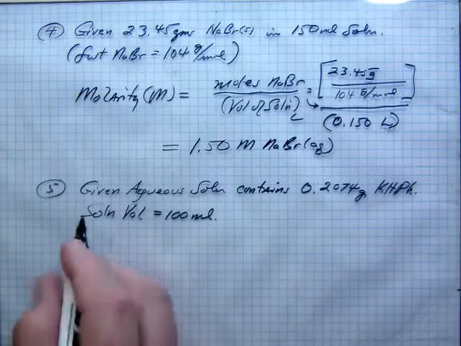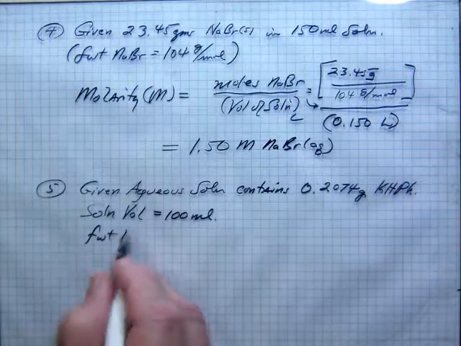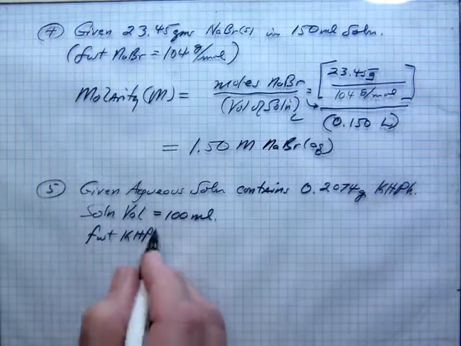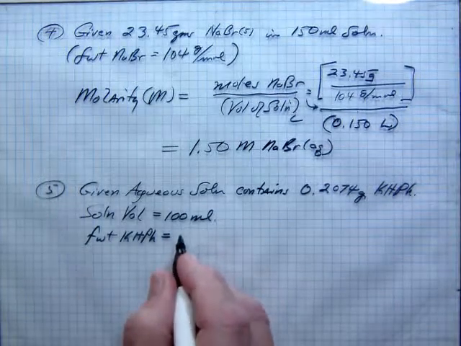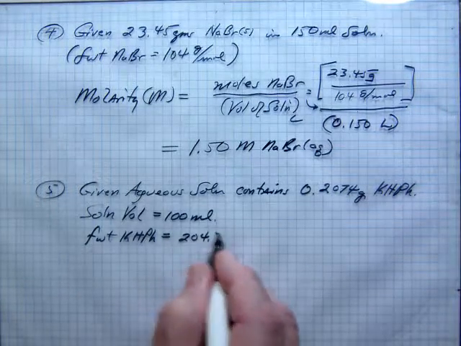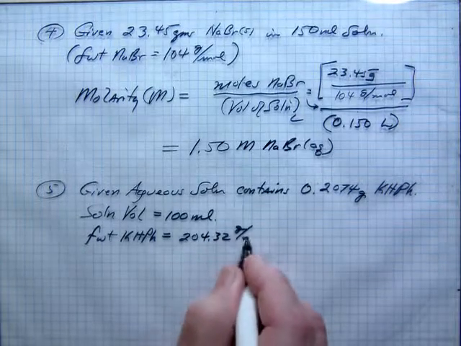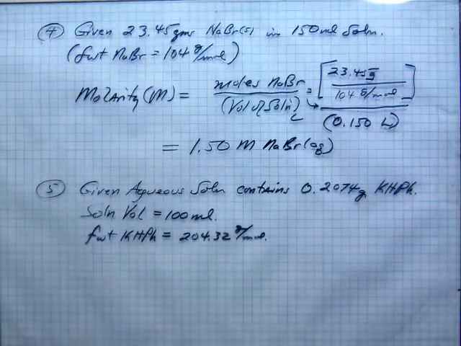Okay, and the formula weight of KHPH, potassium hydrogen phthalate, is 204.32 grams per mole as given in the problem.